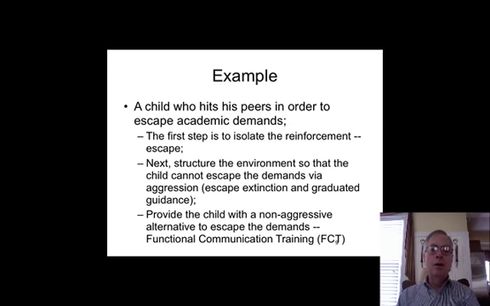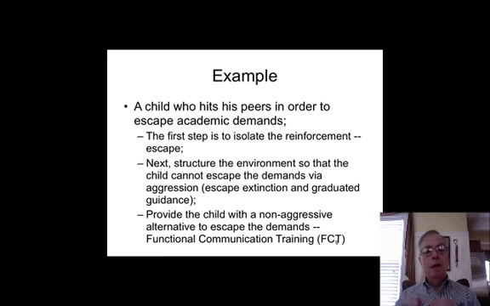Now, you studied all of that in your intro class, so we don't need to go through all of it right now, but that would be a perfect example of a multidimensional approach to eliminating a challenging behavior where you've targeted a functionally equivalent replacement behavior, which is raising your hand and saying, "I'd like to not have to engage in this task right now."